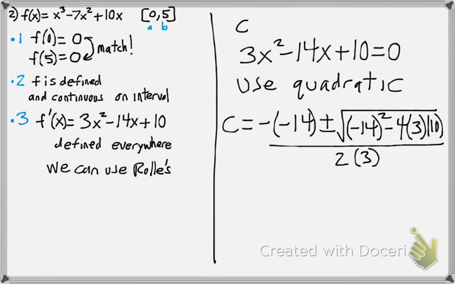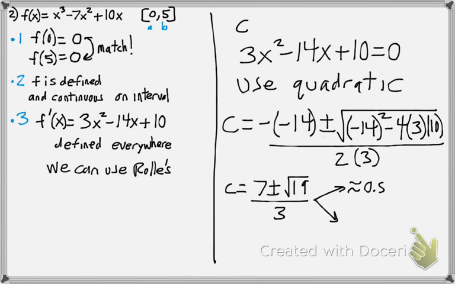So if you reduce this, then it's going to be equal to 7 plus or minus square root of 19 over 3. And if you find the decimal approximations, this would be 0.88 and this would be 3.79.